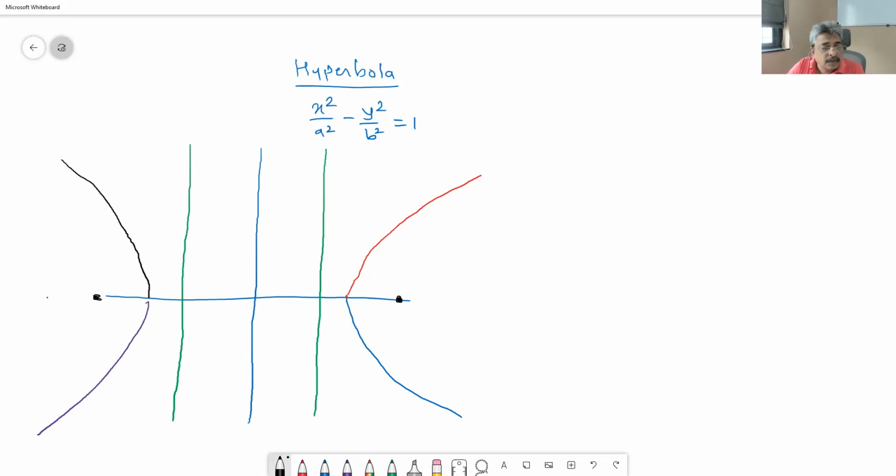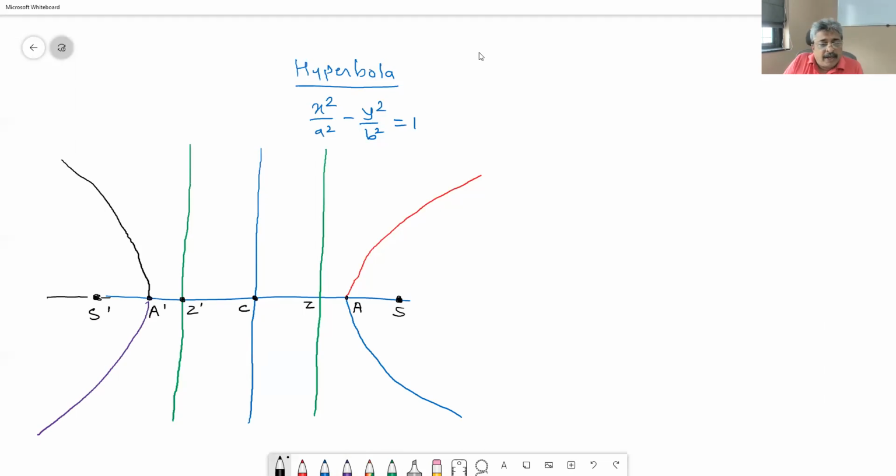Focus. S, Z, A, C, Z dash, A dash, S dash. Correct?